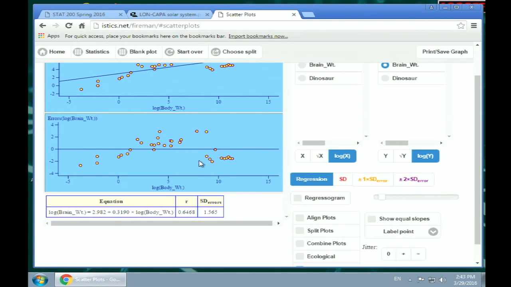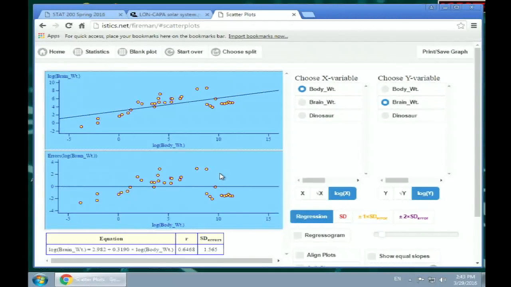There's these dinosaurs here, and then there's the mammals. The dinosaurs really are different. They don't seem to have any kind of correlation between their body weight and their brain weight. And they're really two separate groups. So this shows that we should split the data into two groups or add another predictor variable, whether it's a dinosaur or not.